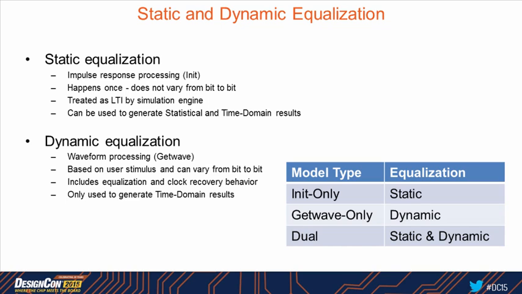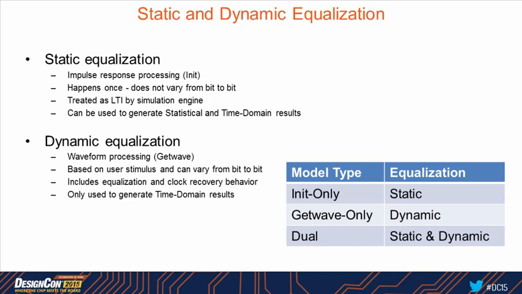And that's where we start talking about equalization being treated as linear and time invariant, because we're assuming that something is happening the same on every bit in the analysis. Now, the interesting thing is that we can have a model that does static equalization, and we can still use that equalization to generate either a statistical or a time domain result.